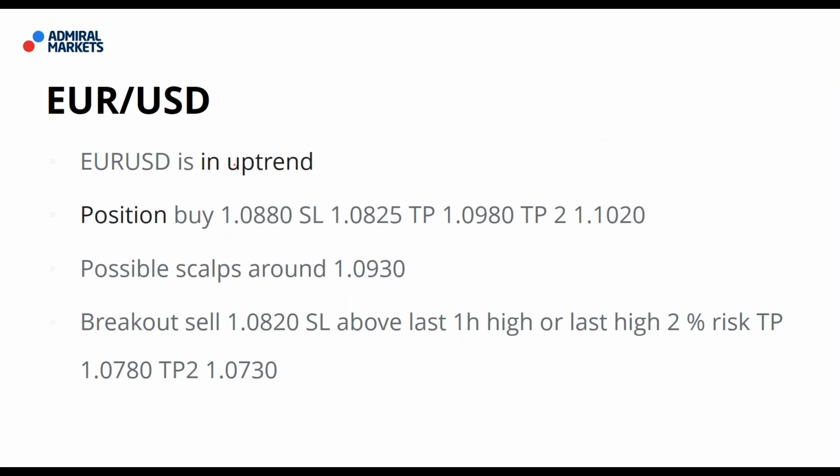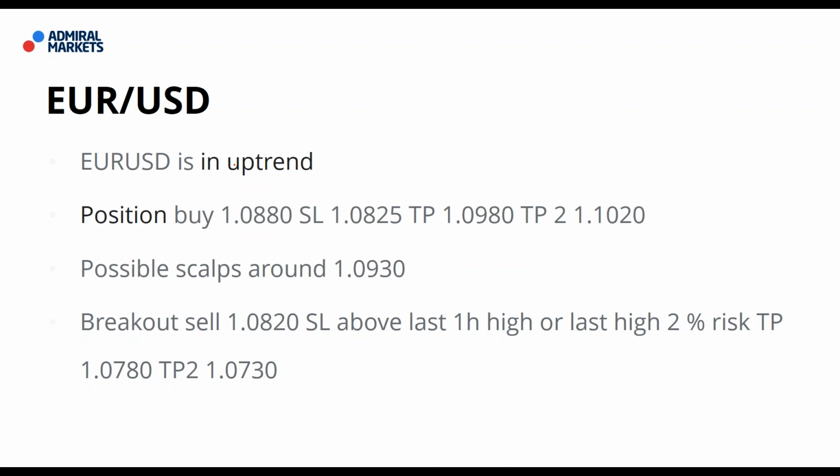I will still be buying euro dollar. For me, euro dollar is in uptrend. A positional buy could happen around 1.0880, stop loss 1.0825, TP 1.0980, TP2 1.1020. Possible scalps around 1.0930. Breakout sell 1.0820, stop loss above the last 1 hour high, 2% risk.